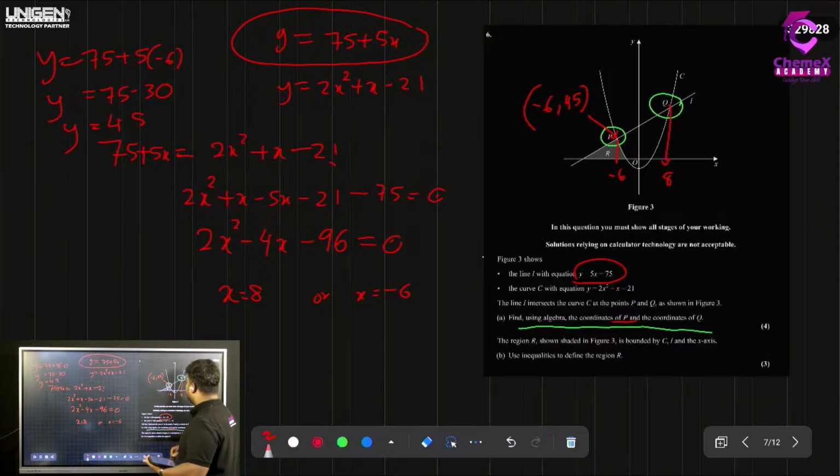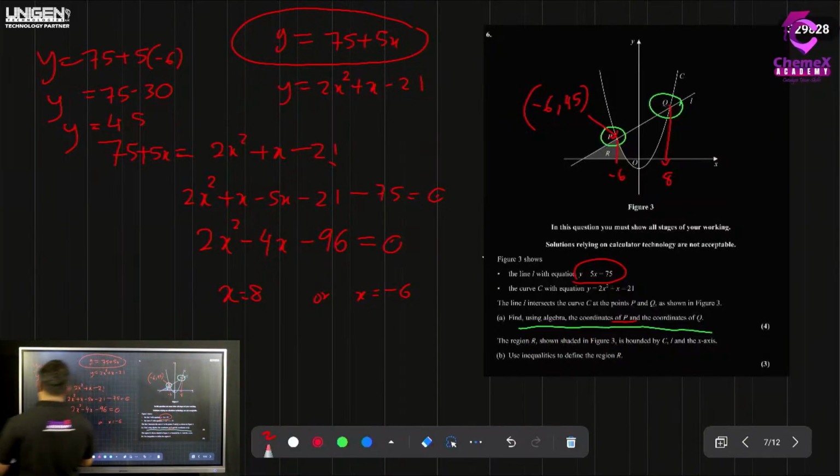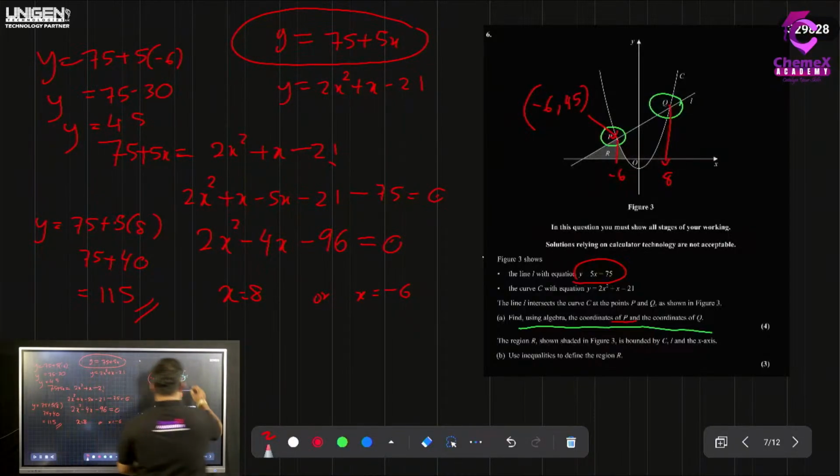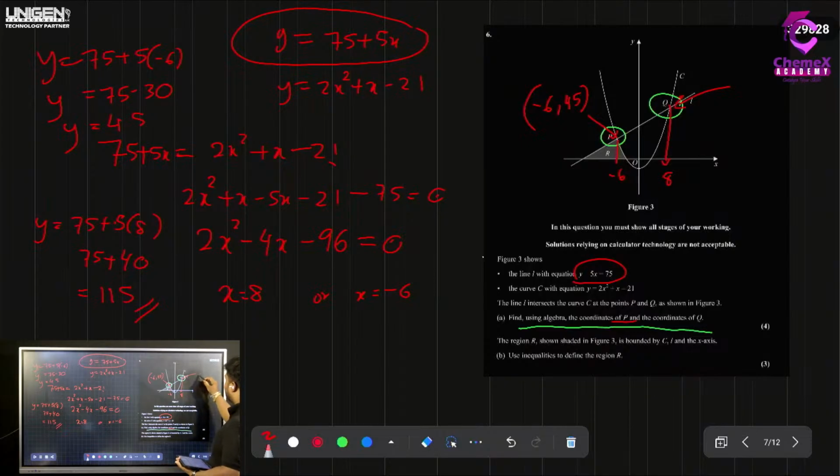Alright, let's go to the Q coordinate. We know that x is going to be 8. 5 times 8 is 40. So 40 plus 75 is how much? 115, right? So the Q coordinate is going to be 8 comma 115.